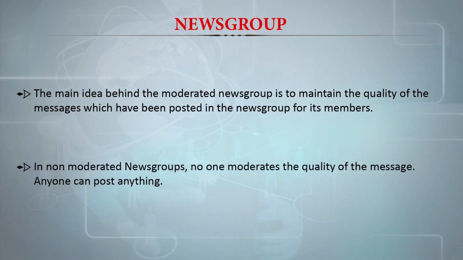In non-moderated news groups, no one moderates the quality of the message. Anyone can post anything. For example, several newspapers will have an option for you to post your comments after you read the article. But once you post, the comment is not immediately visible. The comment is routed to the moderator and the moderator accepts it, and only then the comment is visible.